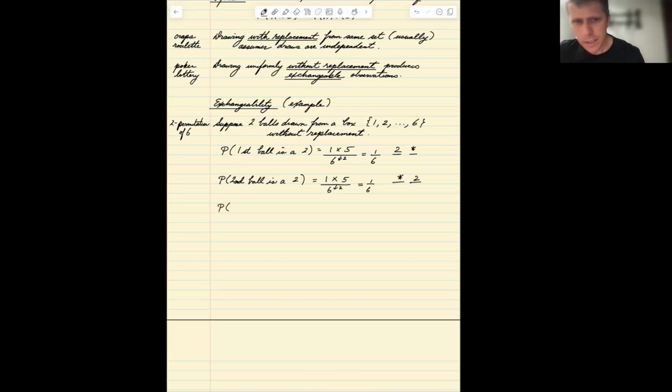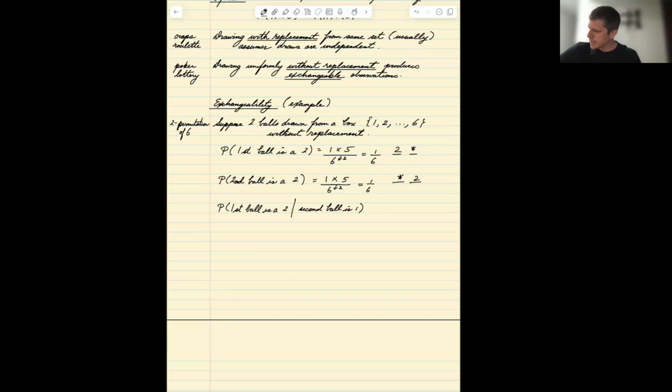What's the probability that the first ball is a 2, given that the second ball is a 1?